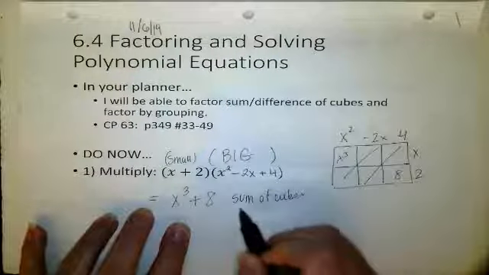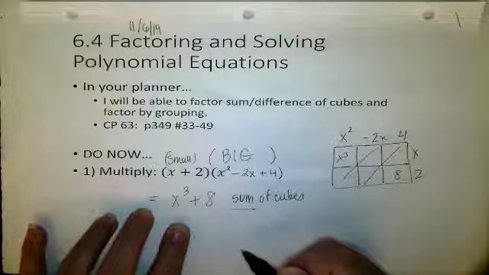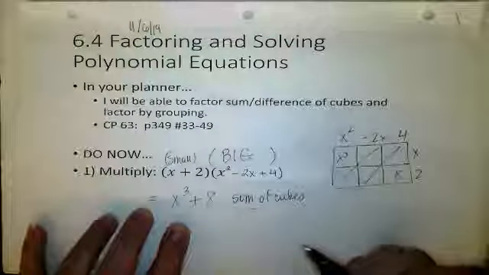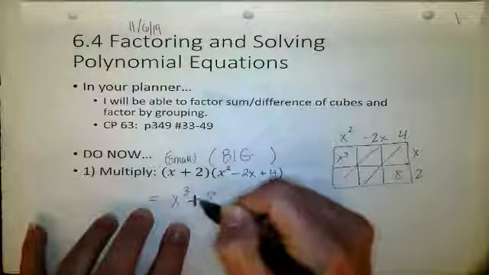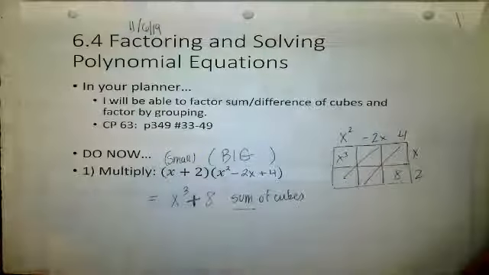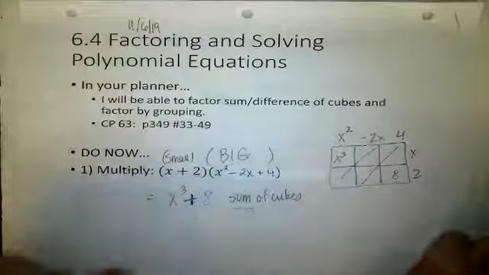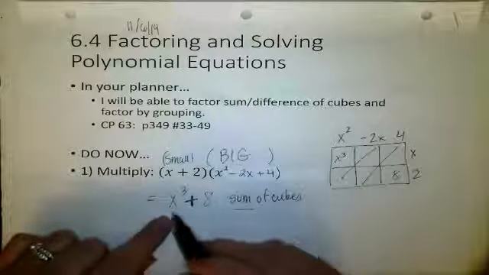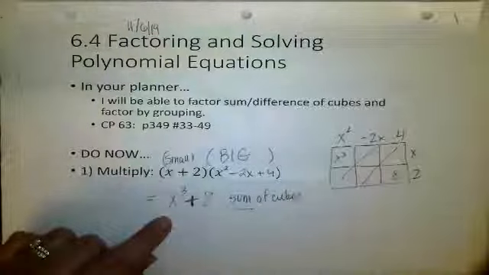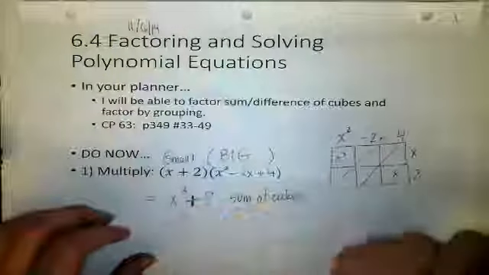Why do you suppose it's called sum of cubes? Because it's a sum, addition, right? So it's called sum of cubes because it's got a plus sign and sum means addition. The other thing is that these two terms are perfect cubes. X cubed is really x being cubed.